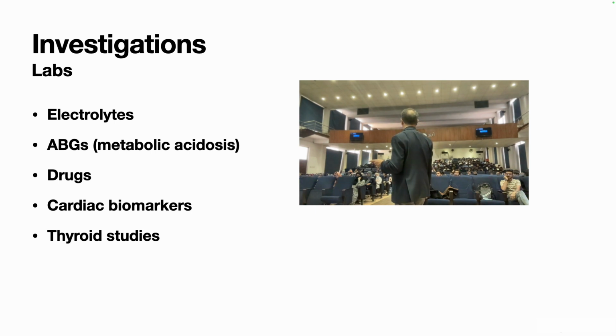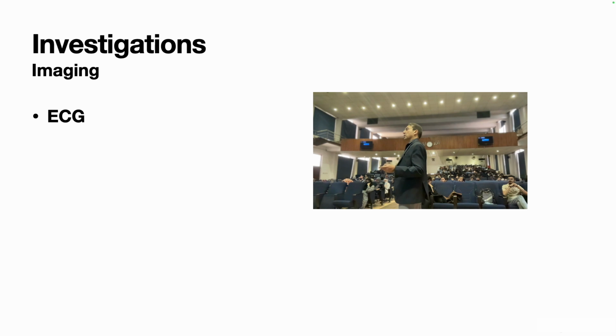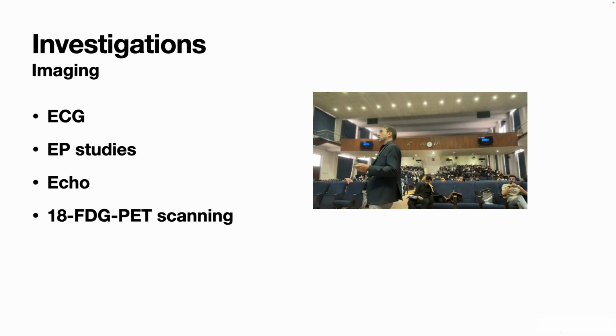Hyperthyroidism causes tachycardia, it won't cause blocks. Also connective tissue disorders and Lyme disease evaluation. Imaging: you require ECG, EP studies, echo, PET scanning. What does PET scanning show? Inflammatory disorders, and some infiltrations, for example metastatic deposits.